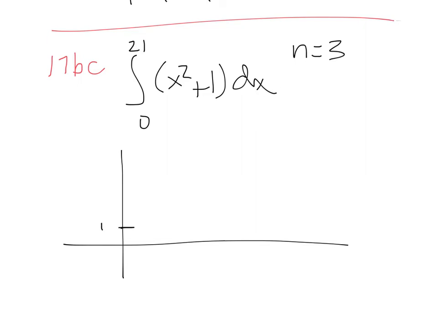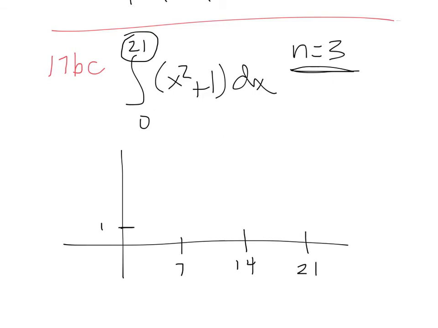So I know it's here at 1, because that's a vertical shift, or I could just say it's 0, I get 1. And then if I have 3 rectangles, that means I'm dividing 21 by 3, so that becomes 7, 14, and 21.